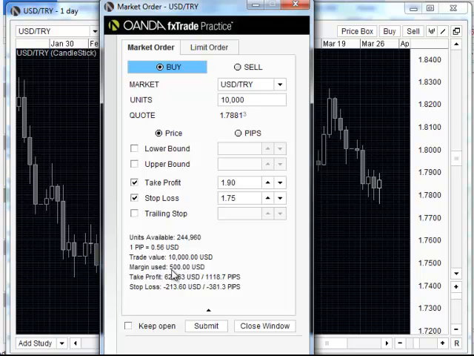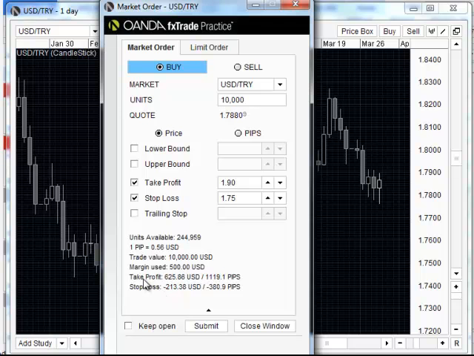So that's all you need to invest, 5% from your trading account. Because you're trading 10,000 units, and that's the trade value, $10,000, the broker will only require you to deposit 5% of that. So the margin used is $500.